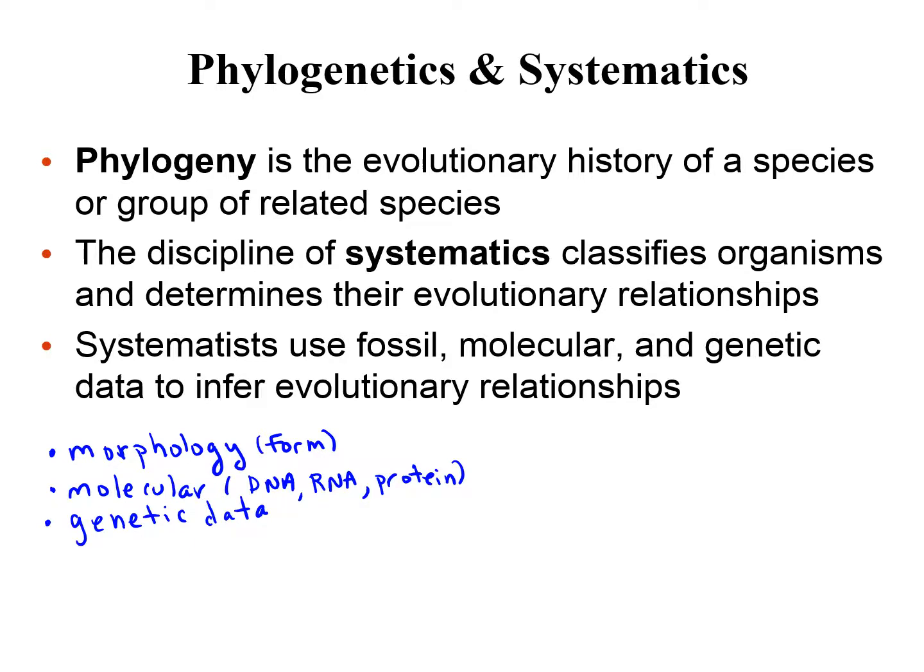Those evolutionary relationships are called phylogenies. The phylogeny is the evolutionary history of a species or group of related species. Typically we represent phylogenies using phylogenetic trees. And we can look at branching on the tree as basically a hypothesis for how a group of organisms might be related and what their evolutionary story might be.